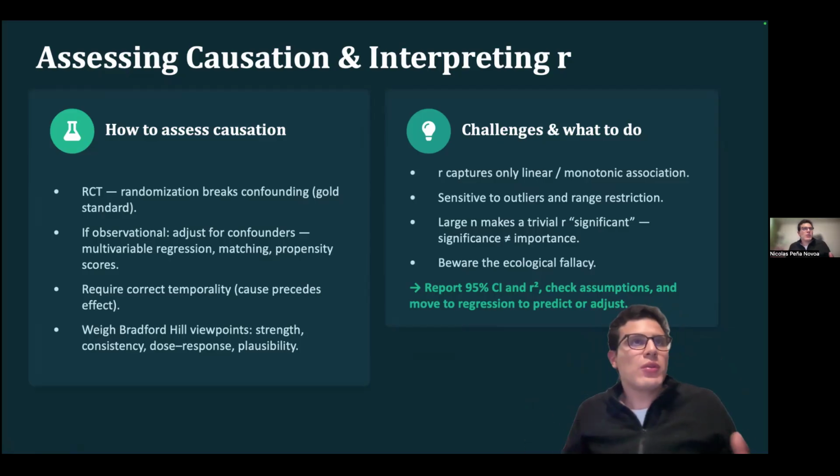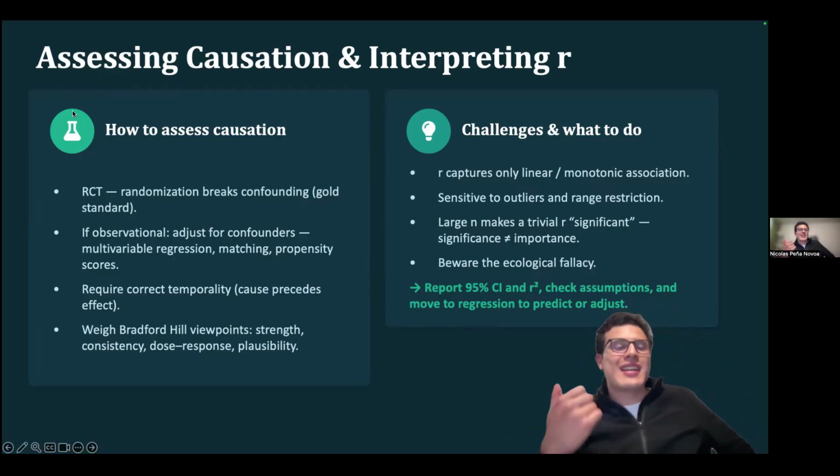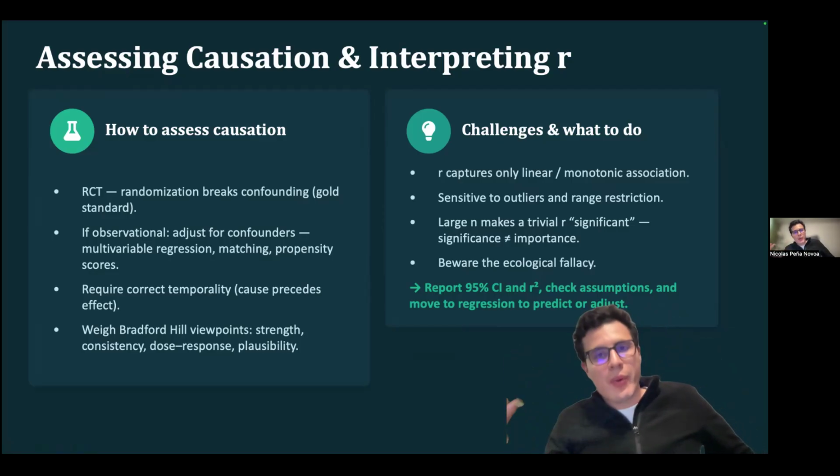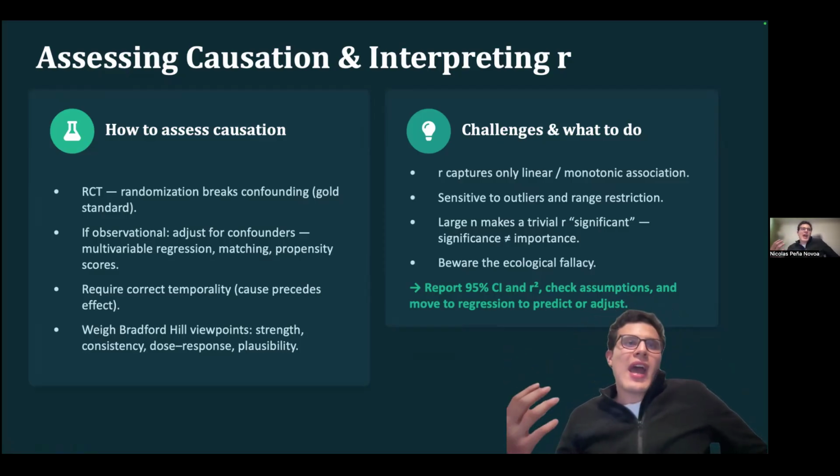So how do we assess causation? The best way is through a randomized clinical trial. That is the gold standard. Or if you have an observational study, that is also a good approach to understand the causation of disease and how treatments go.